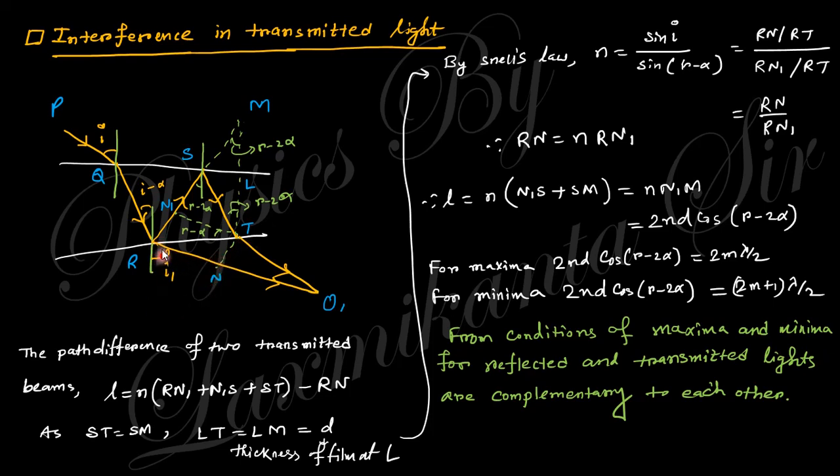Here St equals Sm and Lt equals Lm, which is d, the thickness of the film at that point. Hence the refractive index n equals sin i by sin r, which is r minus alpha actually. So sin i equals RN by RT, and i1 and i are the same.